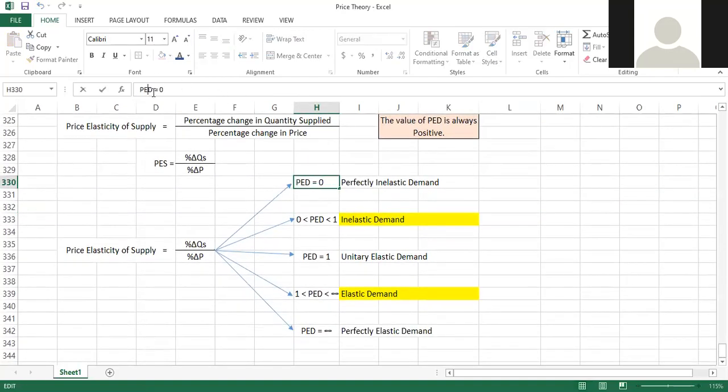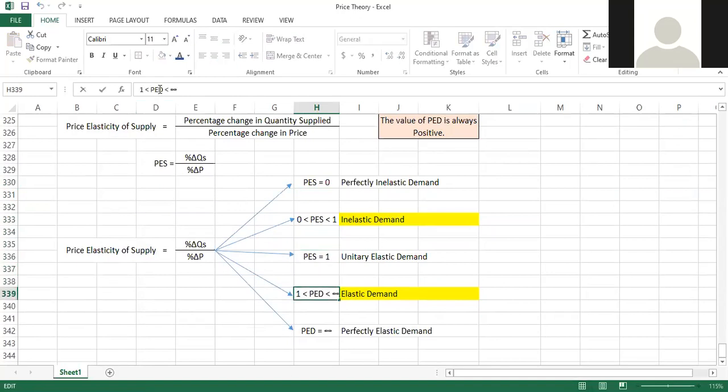Same categories, that is perfectly inelastic, inelastic, then unitary elastic, and elastic, and perfectly elastic.